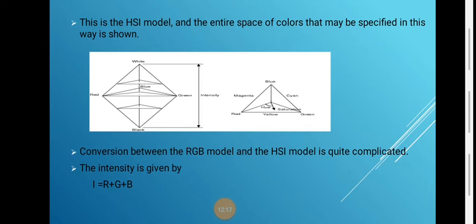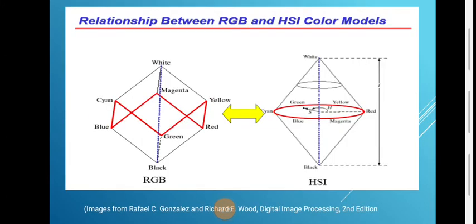The conversion between the RGB and HSI models is really complicated, so I have given some formulas, and the intensity is given by R plus G plus B. This is the relationship between the RGB model and the HSI model. The center plane is the plane of our interest.